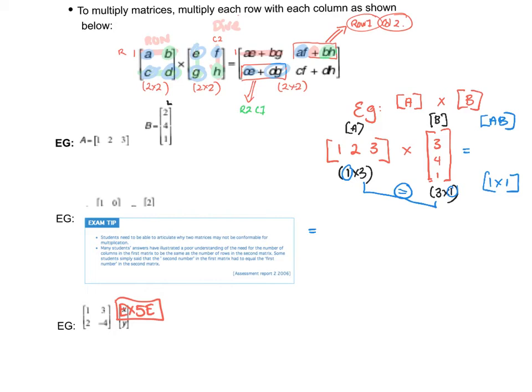So if I have a 1 by 1, I essentially have one row and one column. So I'm really getting one answer there, aren't I? Yeah? So what we would do is we'd go row 1 with column 1. So I'm going to say it's 1 times 3.